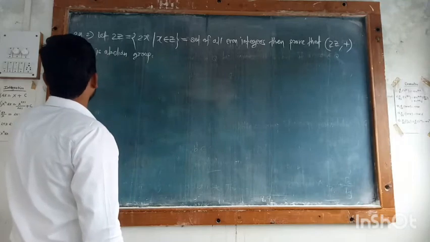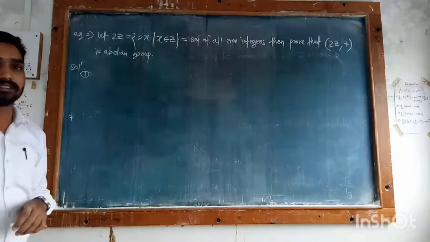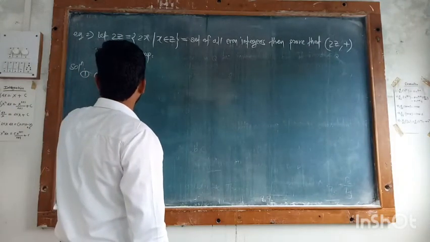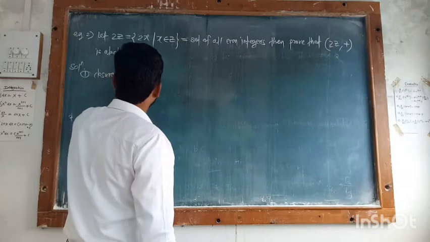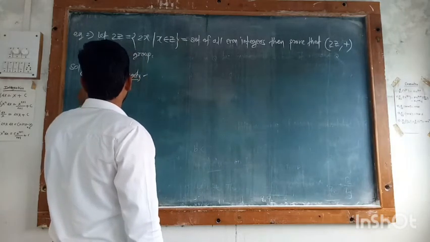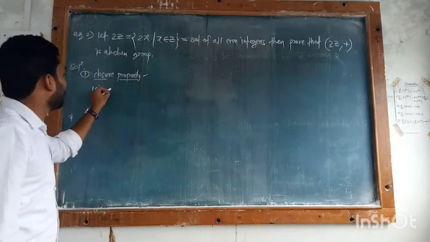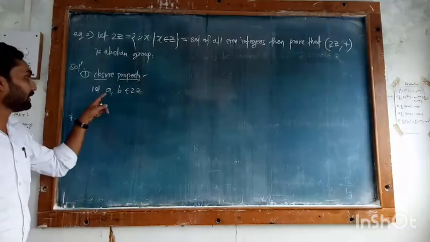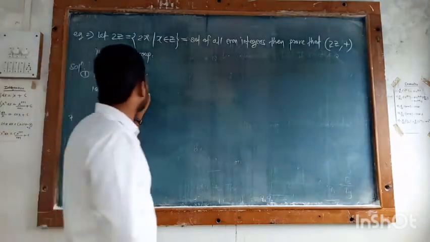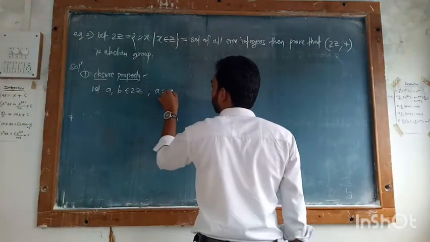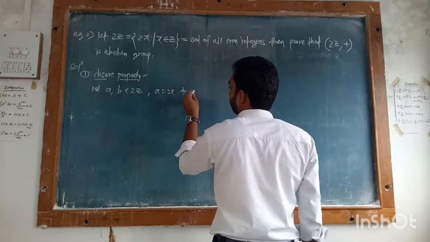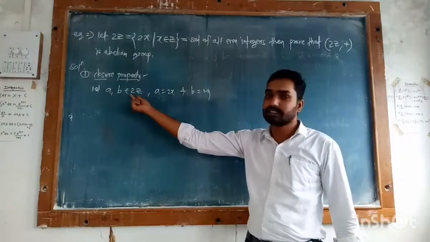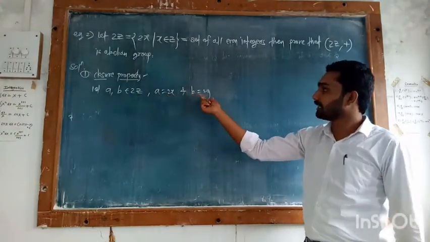So I have the solution. Your first property is the closure property, right? What is the closure property? Let A and B belong to 2Z. We take two elements A and B from 2Z, where A equals 2x and B equals 2y, because A and B are members of 2Z, so A is a multiple of 2 and B is also a multiple of 2.